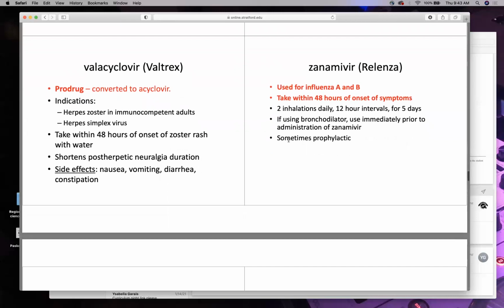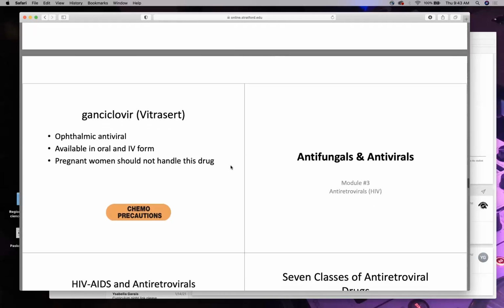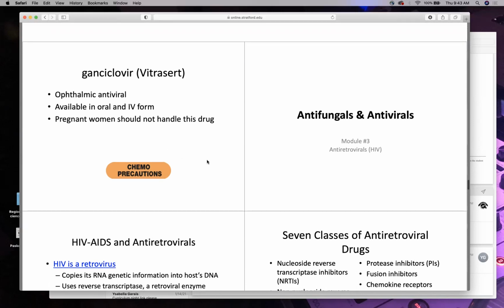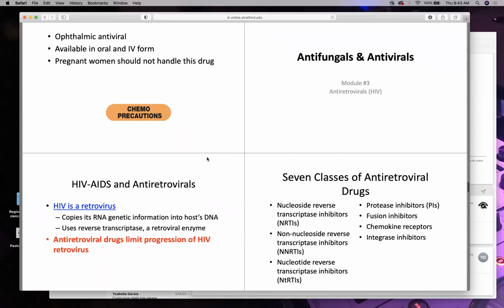Zanamivir, nice, never used it. Ganciclovir, for ophthalmic antiviral. If you have ophthalmic antiviral stuff, that means one or two things: you're either severely immunocompromised or you're touching things that you shouldn't be touching.